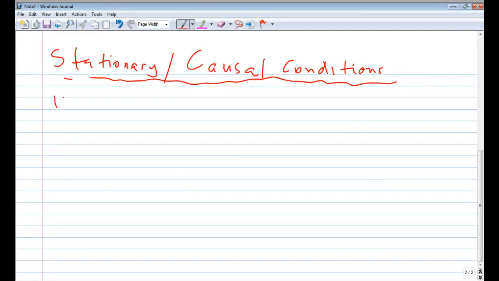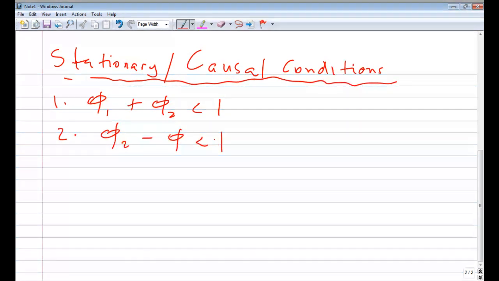Condition number 1: phi 1 plus phi 2 must always be less than 1. Number 2: phi 2 minus phi 1 must always be less than 1.